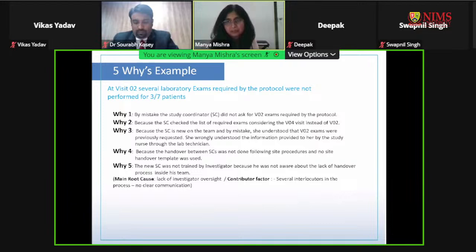X can be GCP, documentation, or manufacturing, so many things can be X. But if you talk about GCP, it is basically the safety, rights, and well-being of subjects.